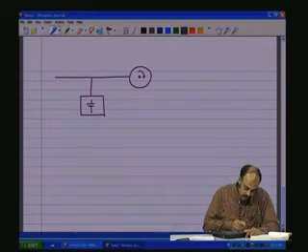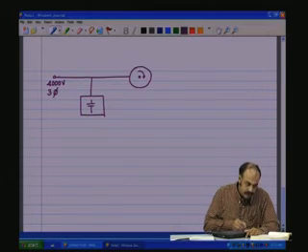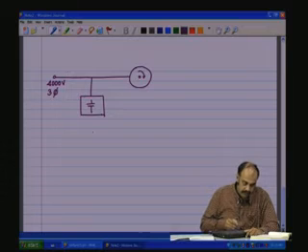Now, here you are having a 4000 volts 3-phase system, power is getting generated from here. We are trying to put the power to the load here.